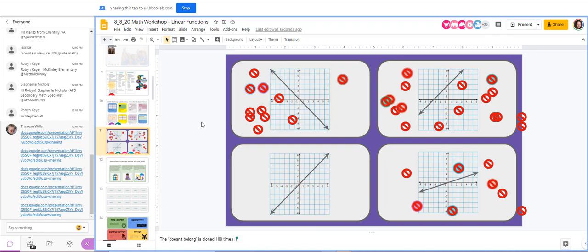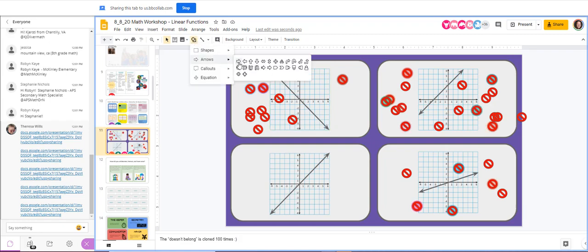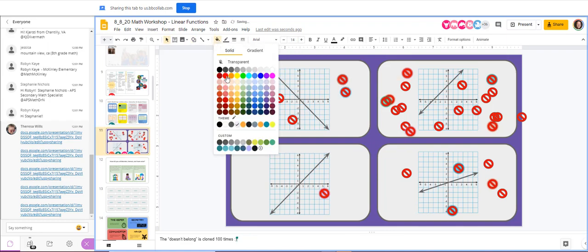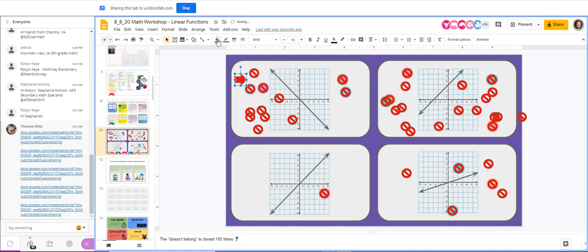Ooh, lots of ideas, but I still see one quadrant that's not selected yet. I'll give you a chance to think about why that other one might not be it.